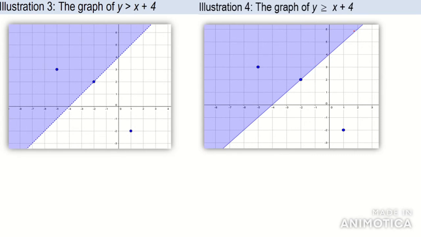The only difference is that the boundary line is a solid line. So take note that when the boundary line is dashed, the points lying on the broken line or dashed line are not solutions to the inequality. Whereas here, y is greater than or equal to x plus 4, which is a solid line, the points lying here are part of the solutions to the inequality, of course, including the points lying on the shaded region. And the points lying outside the shaded region are not solutions.